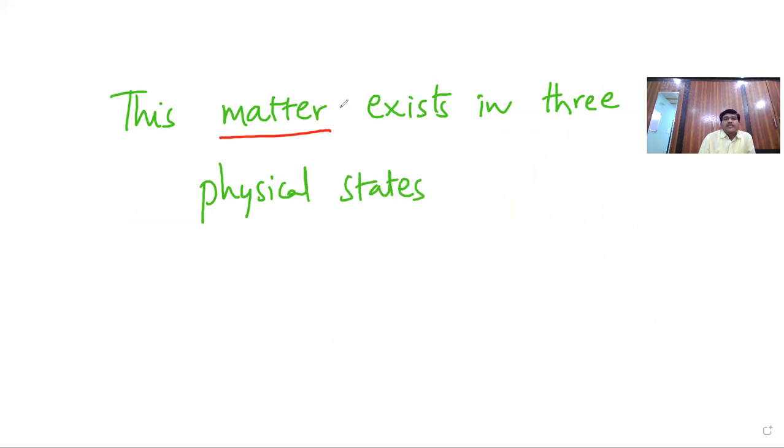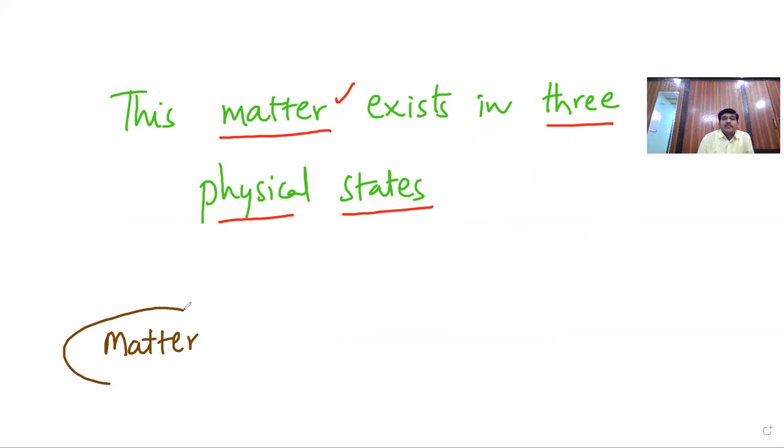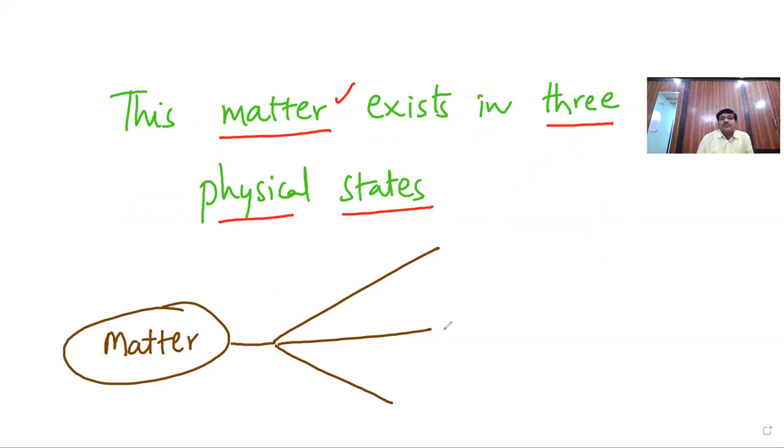So we have seen what is matter, and this matter exists in 3 physical states. What are those physical states?